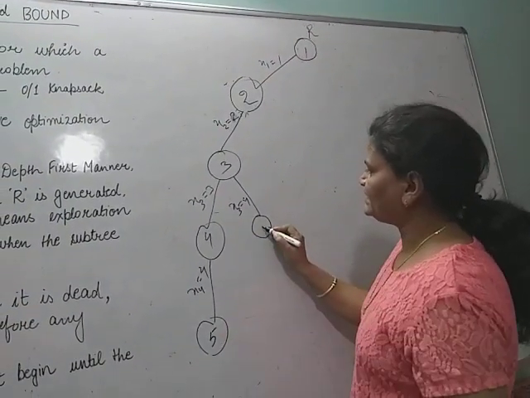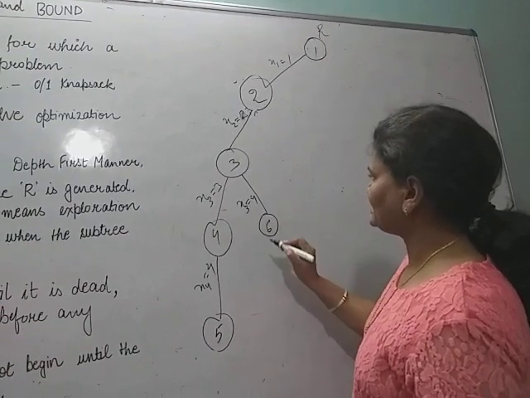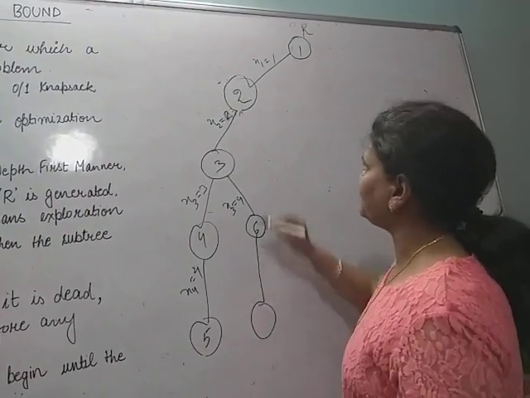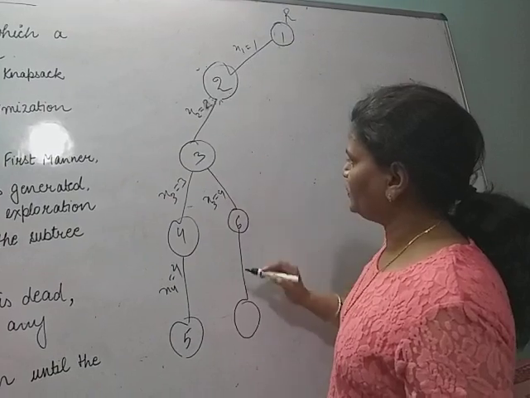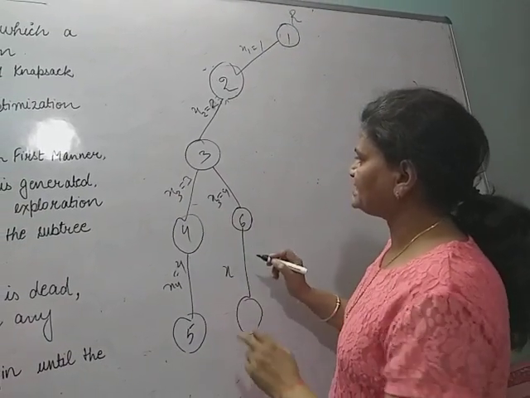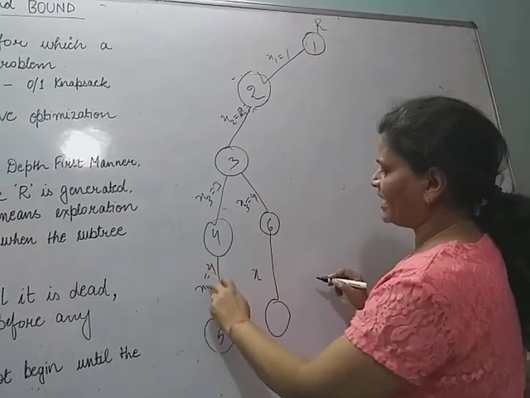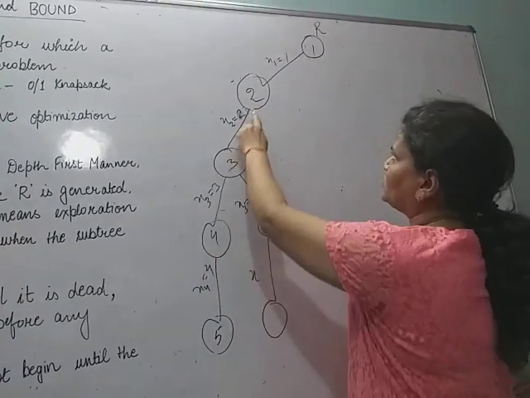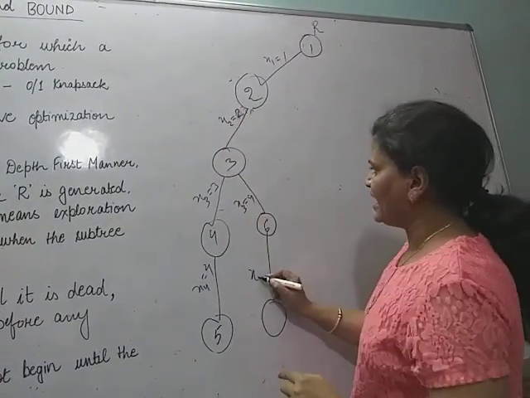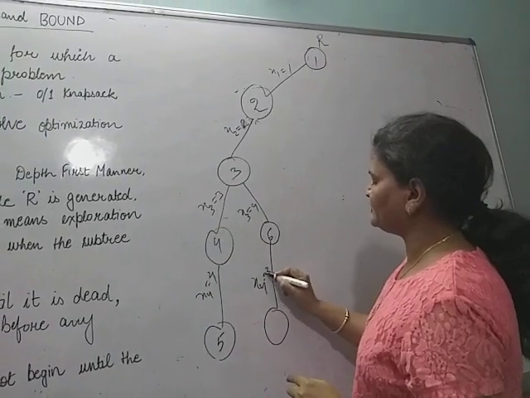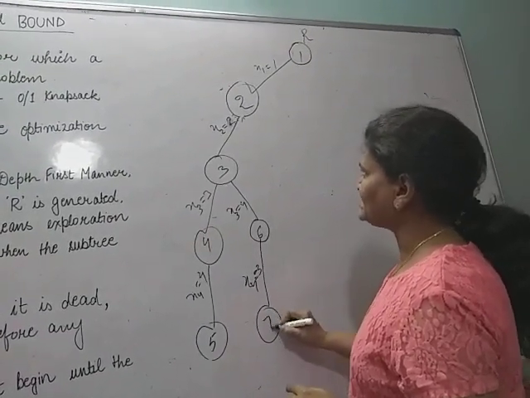Here x4 equal to 4, and so on for the numbered nodes 6 and 7.